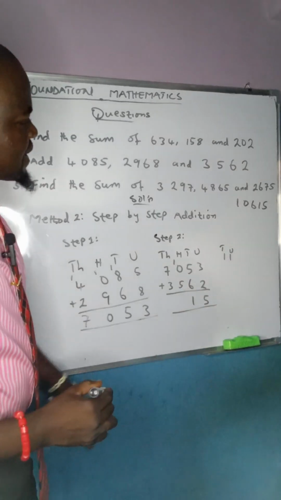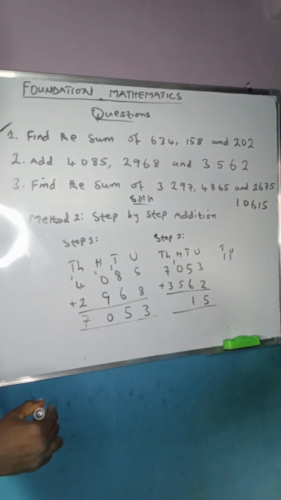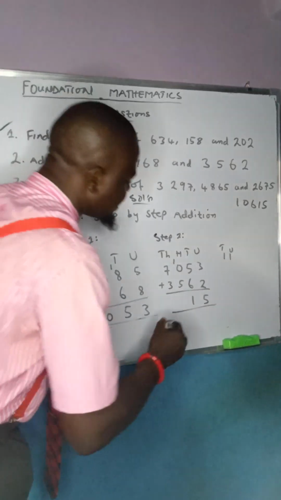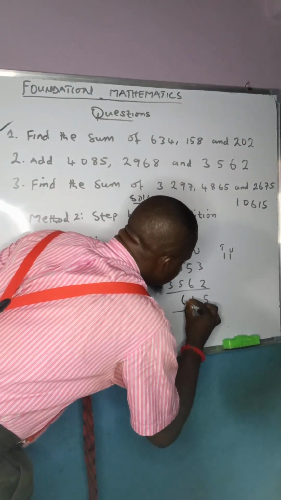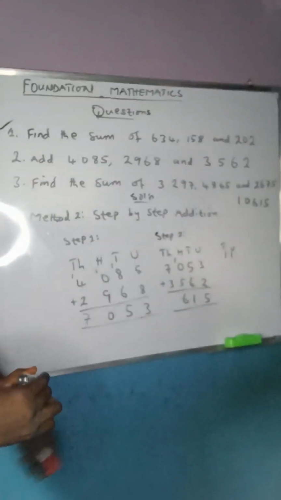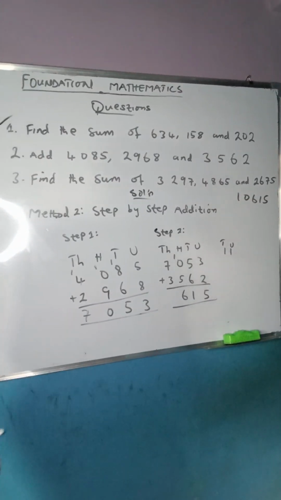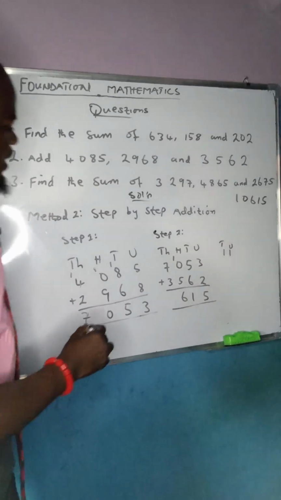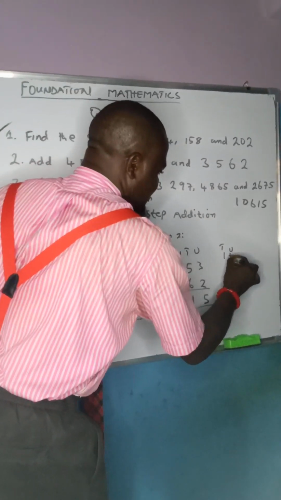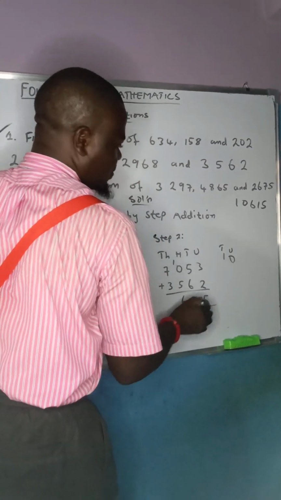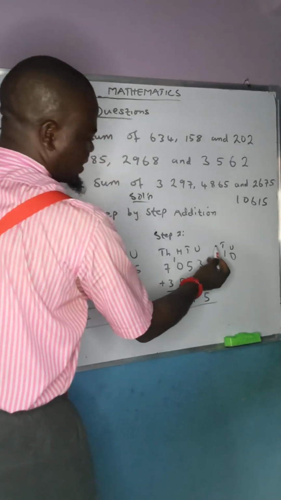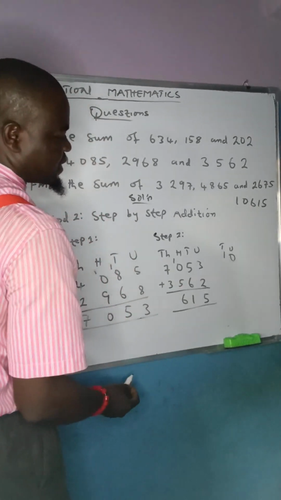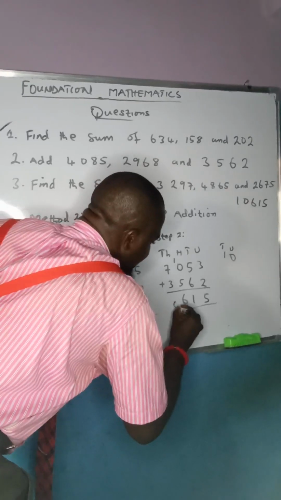Now 0 plus 5 is 5. And 5 plus 1 is 6. 7 plus 3 is 10. Now, since it's 10, I told you two numbers, I'll carry the tens and write the unit, which is 0. The unit, which is 0, is here.